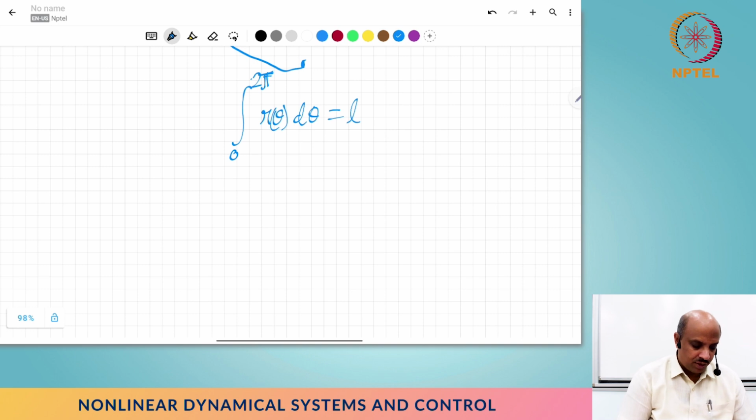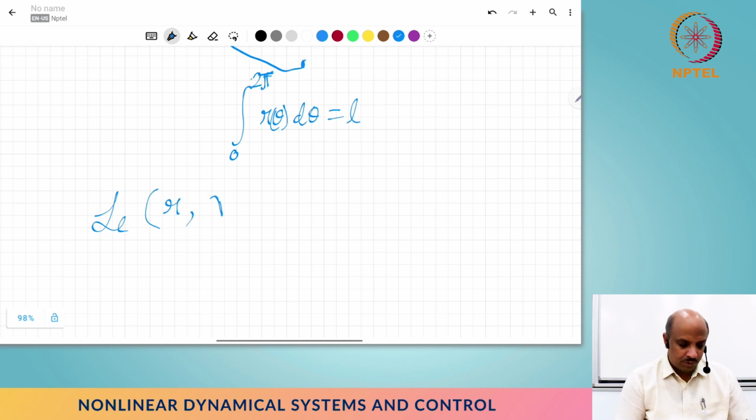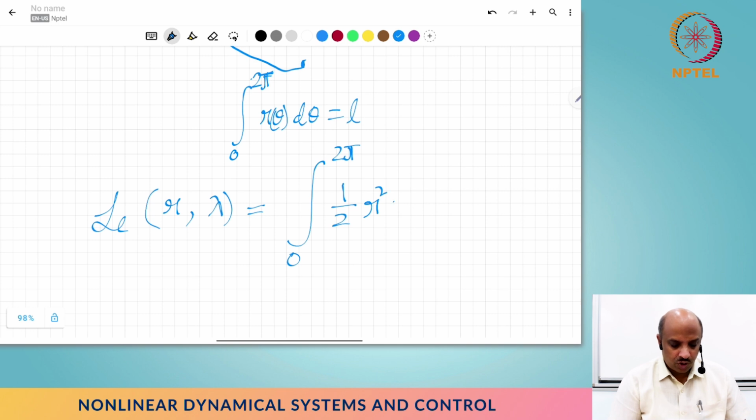So our Lagrangian, let's solve this. r is our function, comma lambda, and lambda is simply a real number here, from 0 to 2 pi. And if you recall, basically it was half r square of theta plus r of theta.